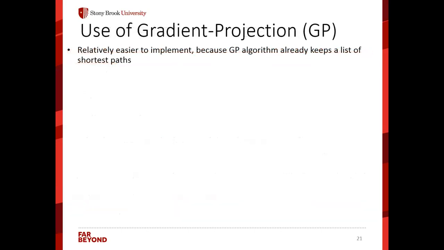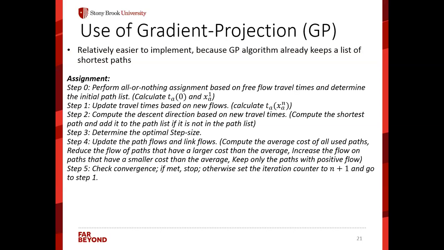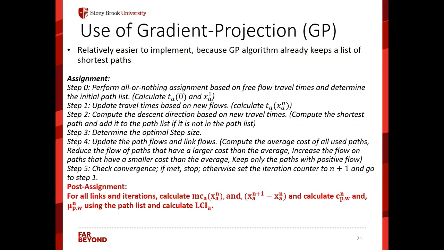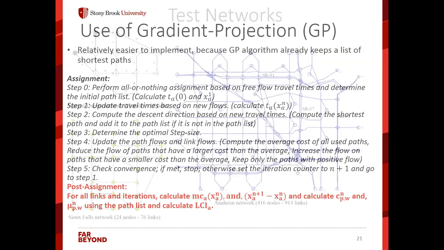For the use of gradient projection, it's relatively easier to implement, because the GP algorithm already keeps a list of shortest paths within its design. That's why we just add a post-assignment module where we use the shortest path list and all the changes in marginal cost and link flows to calculate these weights, and then accordingly calculate the LCI.